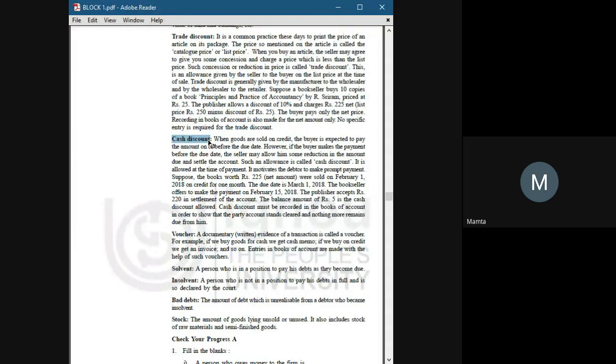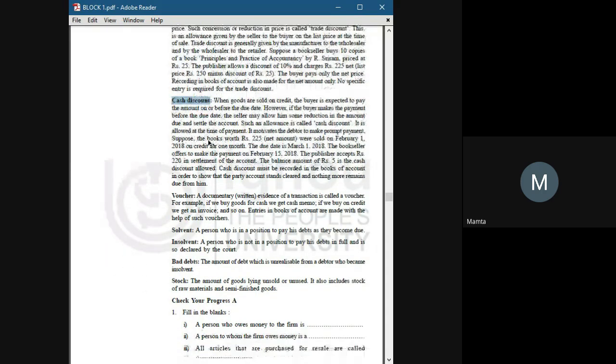So in that case, sometimes the creditor will happily give you a discount. That discount will be known as cash discount, because it was not at the time of trading, but at the time when you clear your debts. So that is the difference between trade and cash discount.